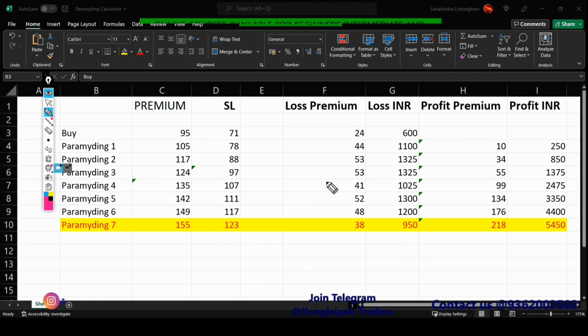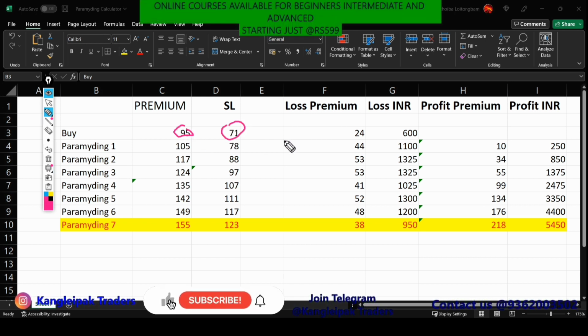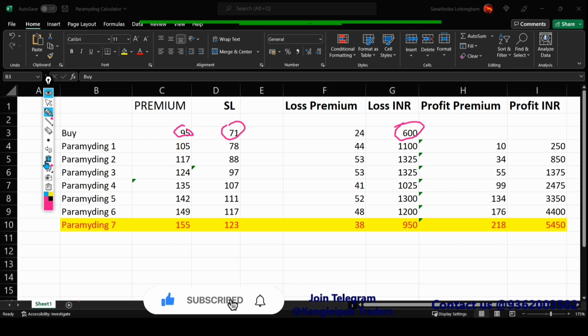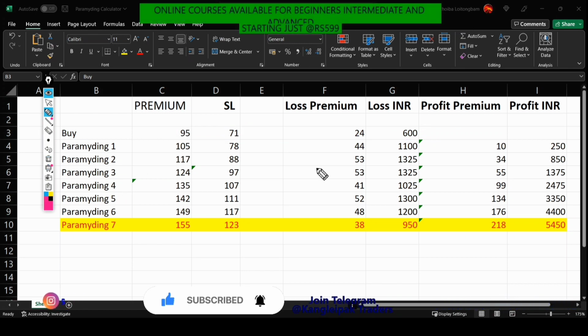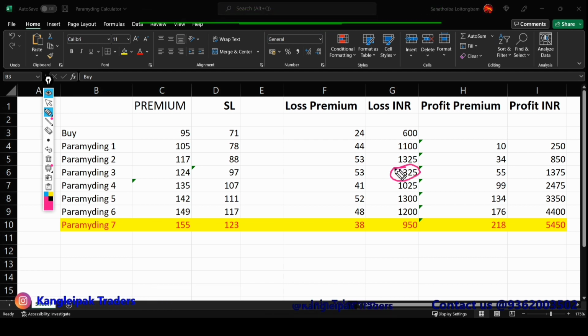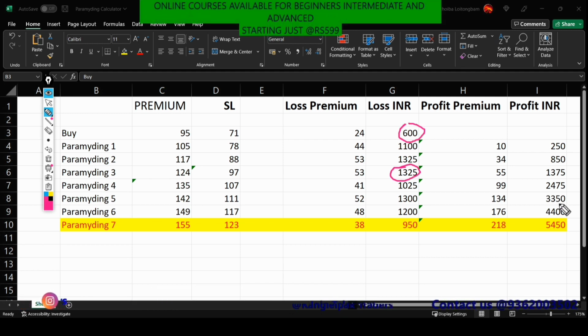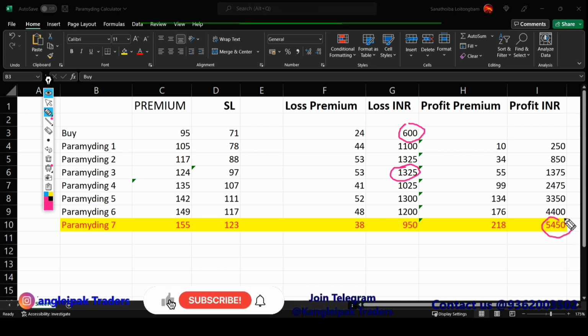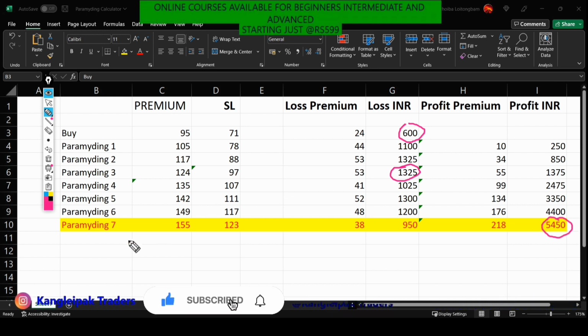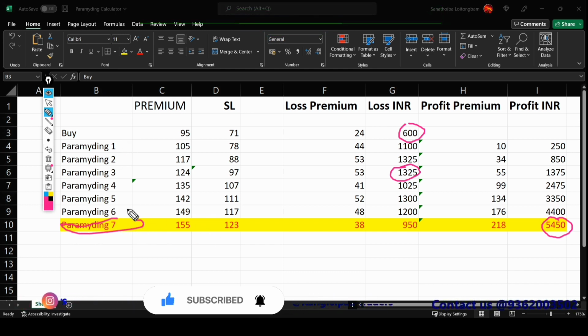So if you buy at 95, and you put your stop loss at 71, your loss will be 600. So in this particular trade, your maximum loss will be 1325, and your minimum loss will be 600, and your minimum profit will be 5450. So this is the profit. At pyramiding 7 you are going to book, but it is very easy to reach pyramiding 7 on trending days.